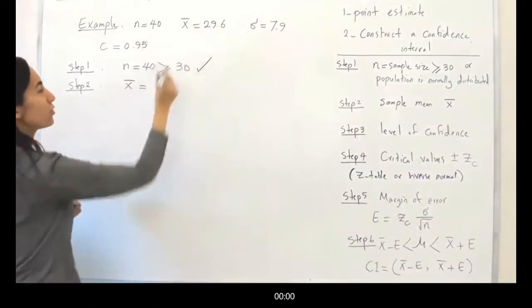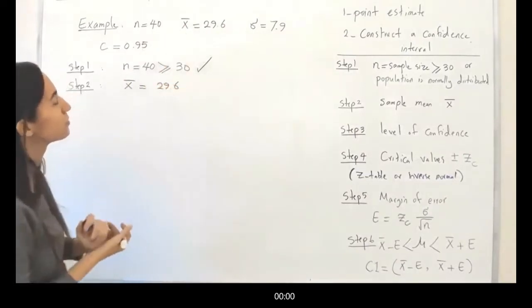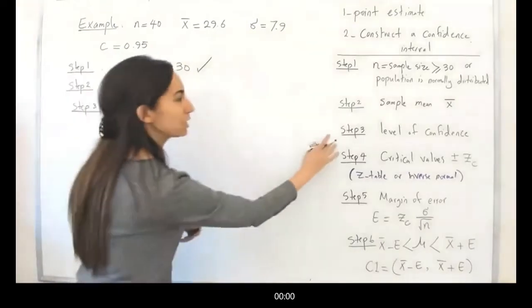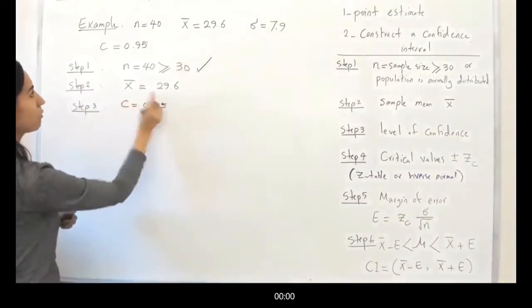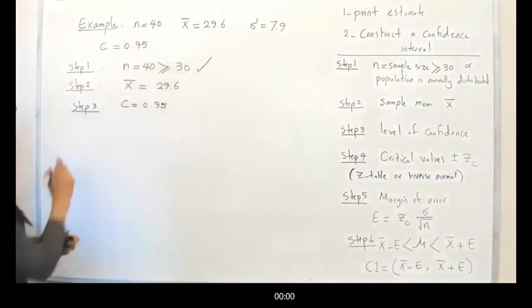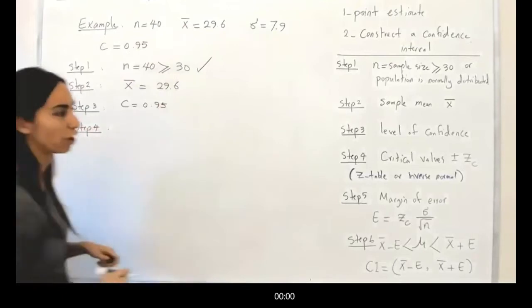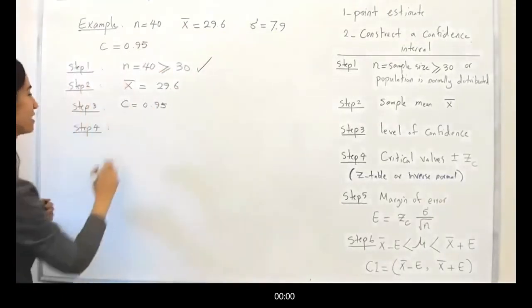It is equal to 29.6. In step 3, what is the level of confidence? C is equal to 95%. It's given to us.